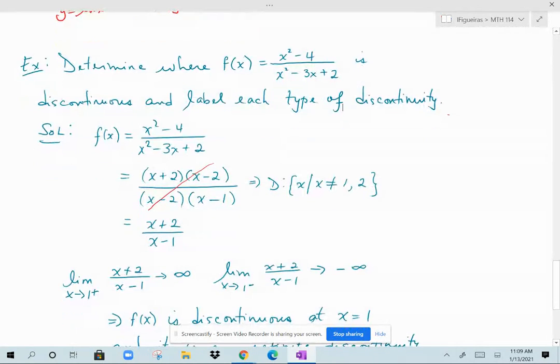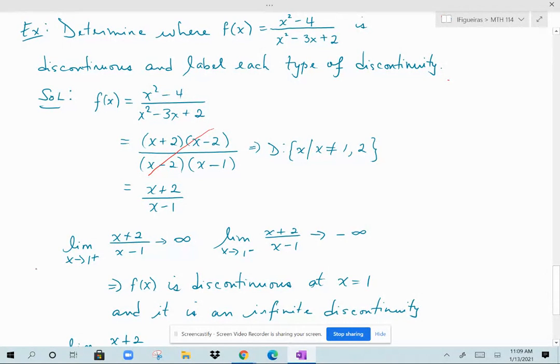So let's consider what's going on at 1. Once I cancel my common factor, f of x is this simpler rational expression, x plus 2 over x minus 1. So I'm going to evaluate the limit as x approaches 1. But as x approaches 1, I know that I can't just plug it in, because again, I'll get 0 in the denominator. But I can do this sign analysis, figure out what's going on. And it will have different behavior whether I'm on the right or on the left.